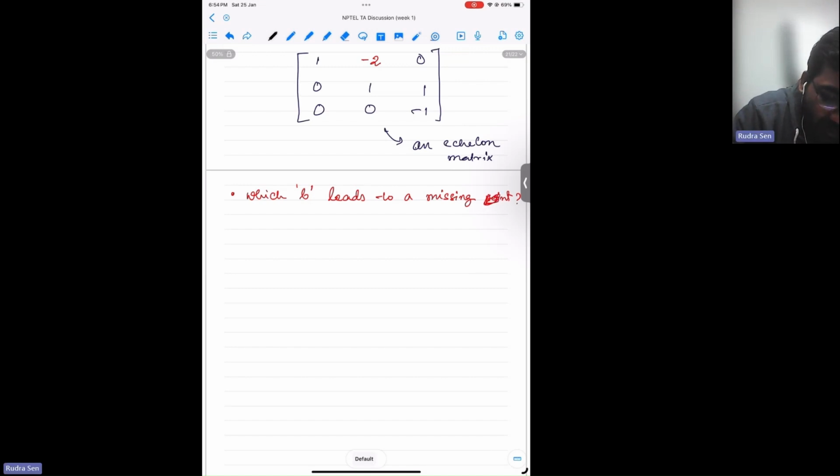So I have to find the value of b. Sorry, it's not missing point, it's missing pivot. So what does missing pivot mean?